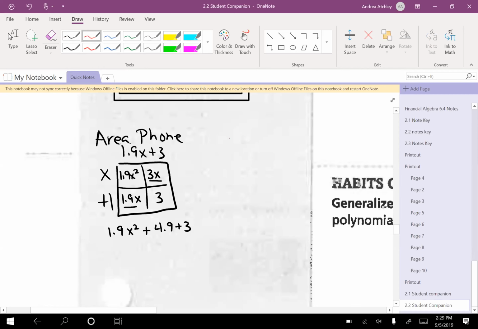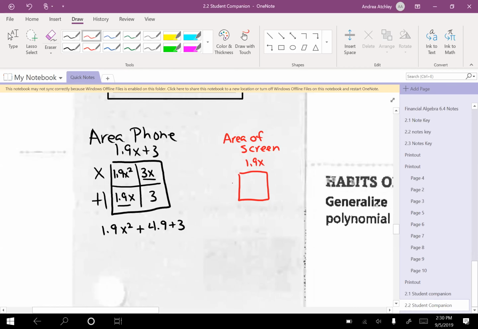They want to find the area of the screen. The area of the screen is 1.9x times the length of x, so it's just 1.9x squared.